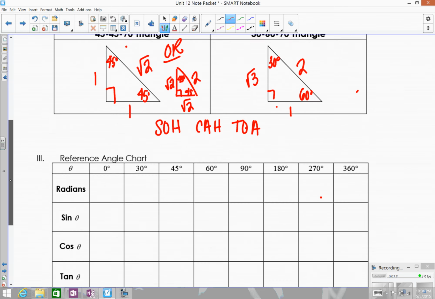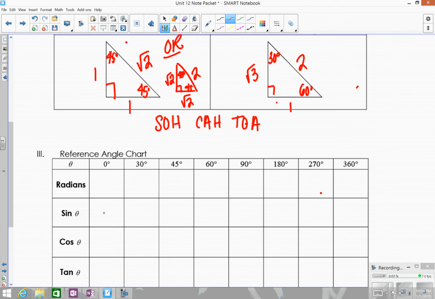So if I'm looking at these examples and I want to fill in this chart, first thing here is a row for radians. So basically, when we are talking about trig, we have two measures. We have degrees and we have what's called radians. When we talk about radians, pi is always going to be equal to 180 degrees.